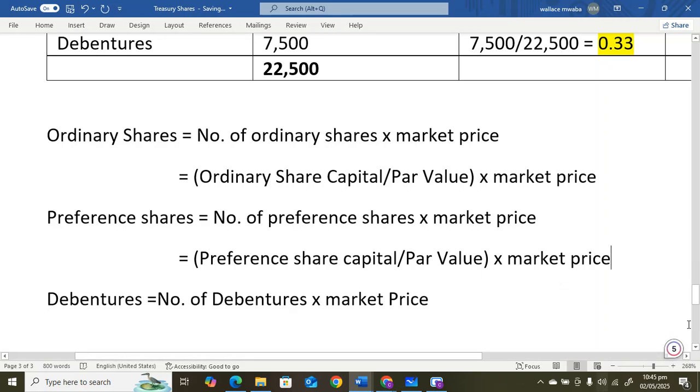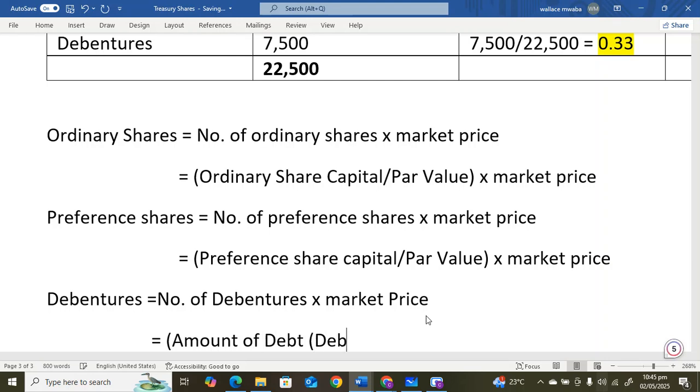Then for debentures, it's the amount of debt divided by the par value times the market price.